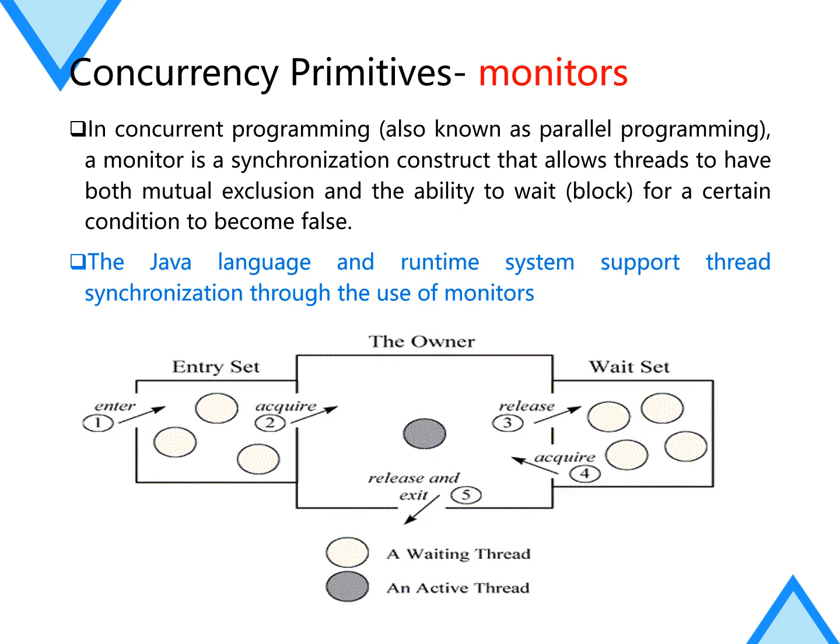So the process can be in the entry set, can be in the owner, and can be in the waiting set. If it is running, they will be in the owner set, and if it is blocked, not running in the processor, it will be in the waiting state.